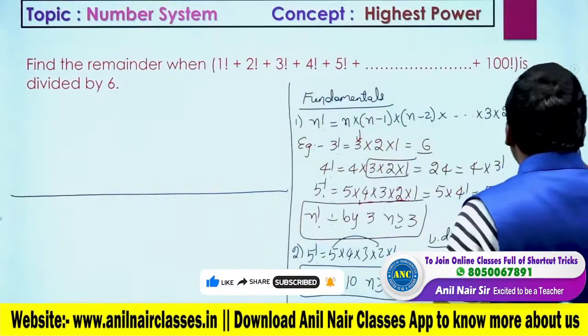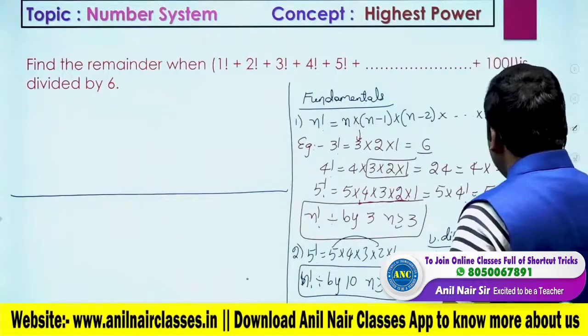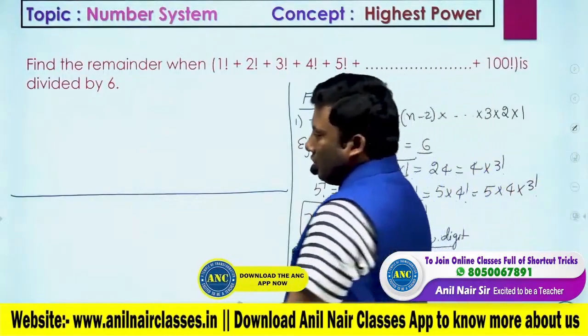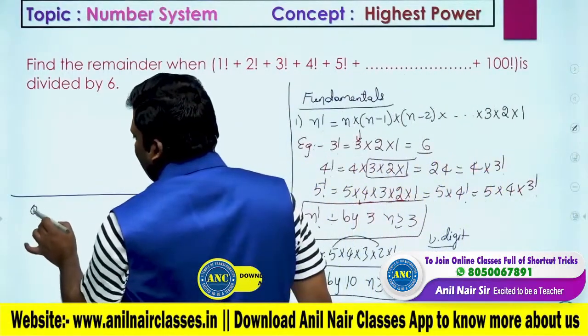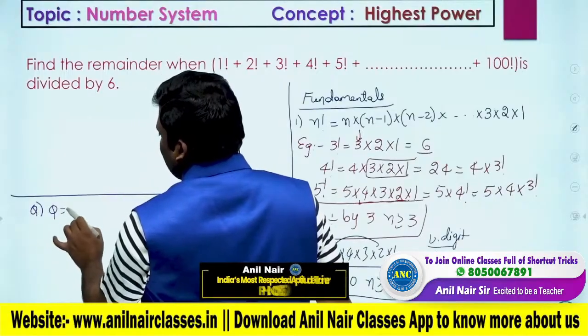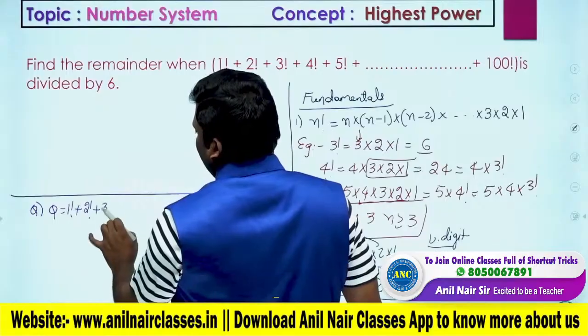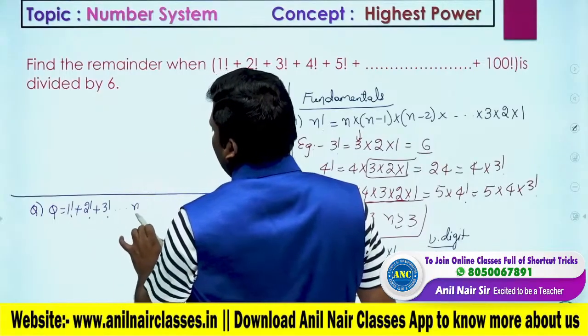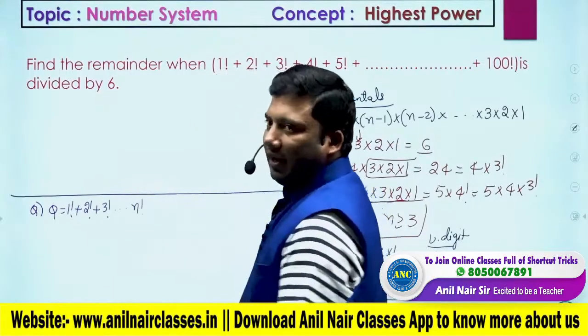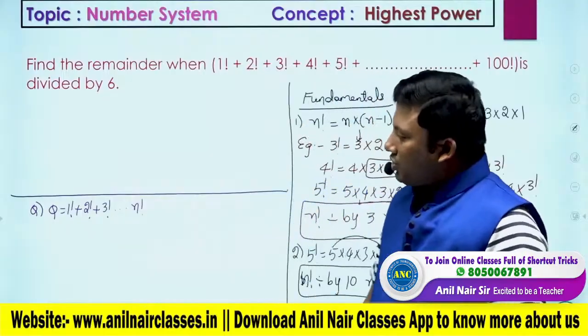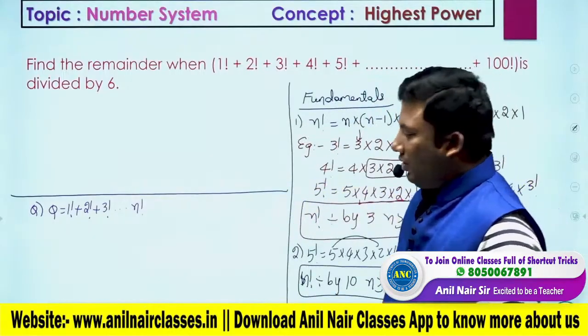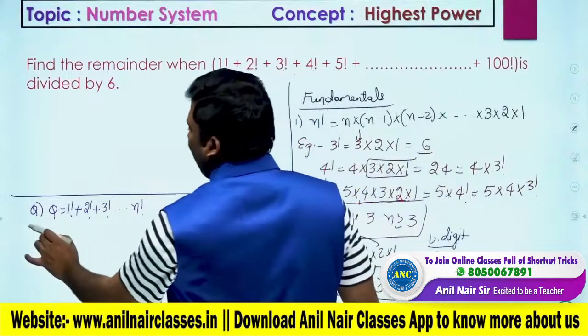Now see here, listen carefully. 2 questions. First question: Q is equivalent to 1 factorial plus 2 factorial plus 3 factorial and so on up to n factorial.